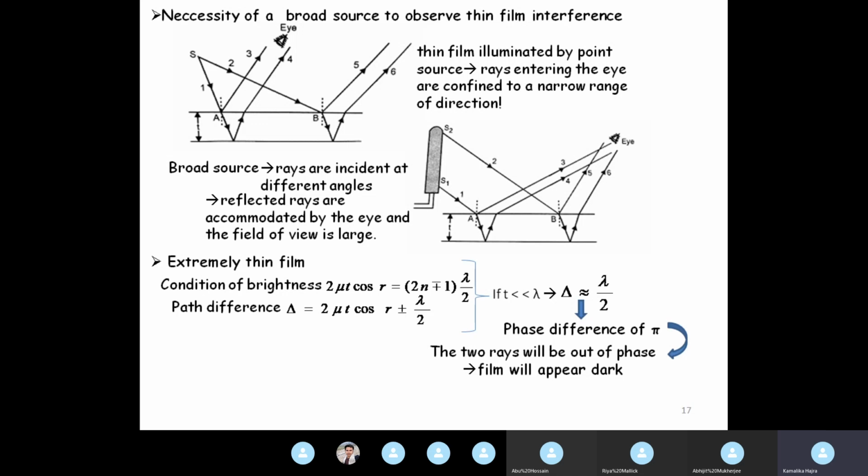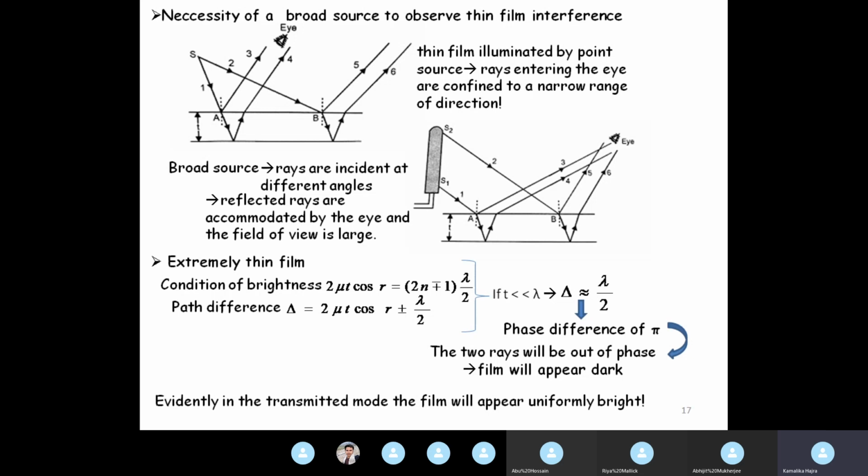Value of thickness even lesser than the incident wavelength, then you cannot observe interference. The film will appear uniformly dark. Of course, if you observe it in the transmitted mode, the film will appear uniformly bright. Whatever be the case, you cannot observe interference.